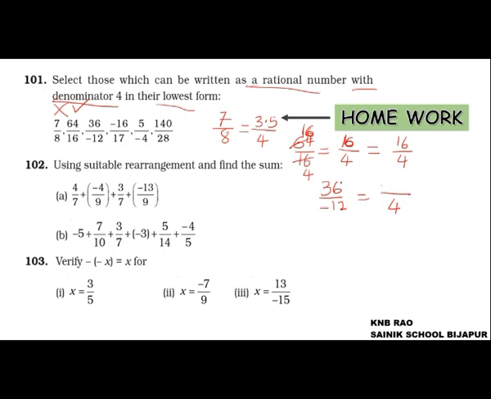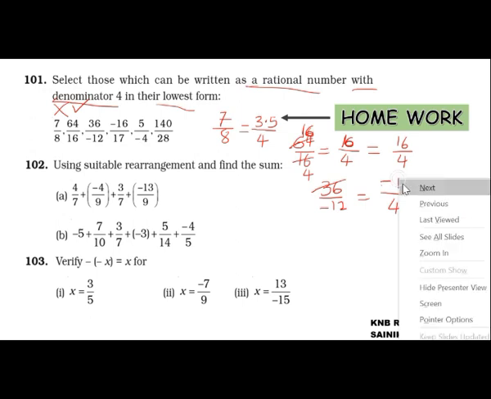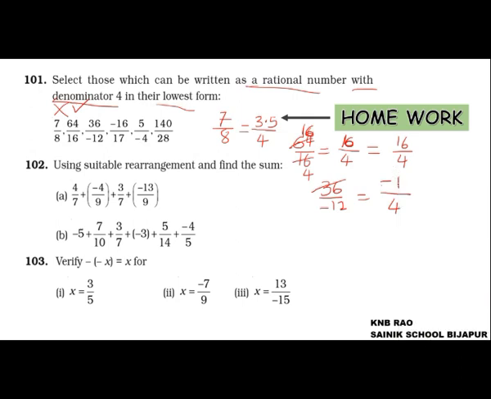That means 36 also has to be divided by minus 3. 36 when it is divided by minus 3 gives minus 12. So now this can also be written as a rational number with the denominator 4.